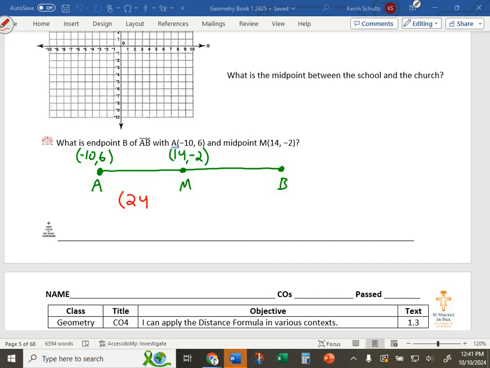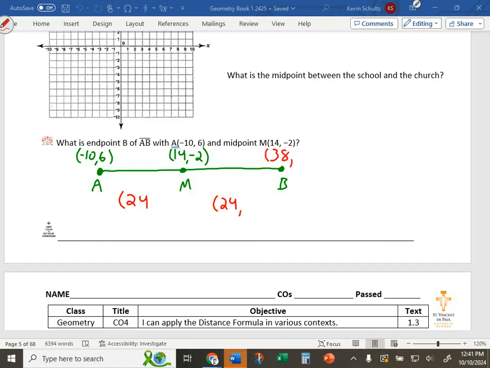Which means to get from this middle x value to the end x value, how far are we going to go? Another 24. And so what is the x value of point B?